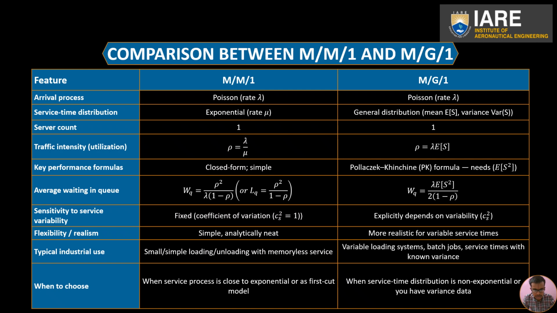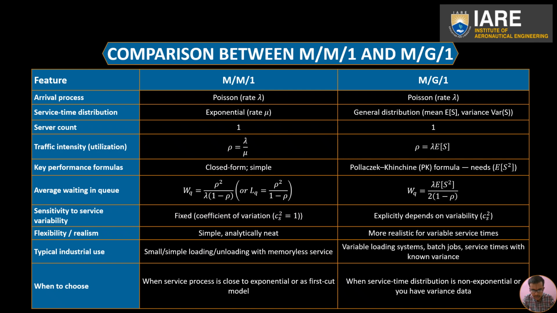Sensitivity to service variability. For MM1 it is fixed, that is coefficient of variation CS square is equal to 1, but for MG1 it explicitly depends on variability. Flexibility or realism. For MM1 it is simple or analytically neat.